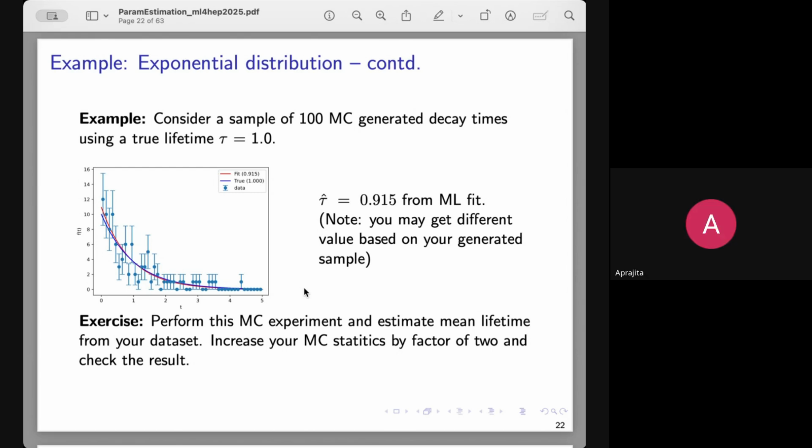This is what I expect. Now suppose I choose my tau to be 2. The probability of getting this data will be very small. I will get a different distribution of data. So the parameter which maximizes this total probability is the parameter value of this one.